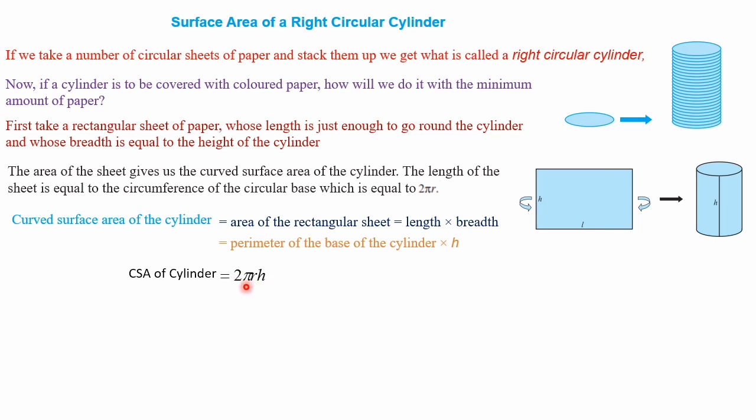So 2 pi r h is the formula. CSA stands for curved surface area, so the CSA of the cylinder is equal to 2 pi r h.